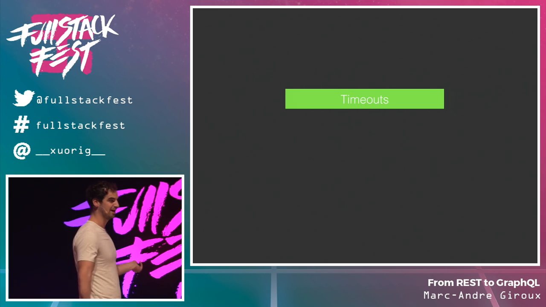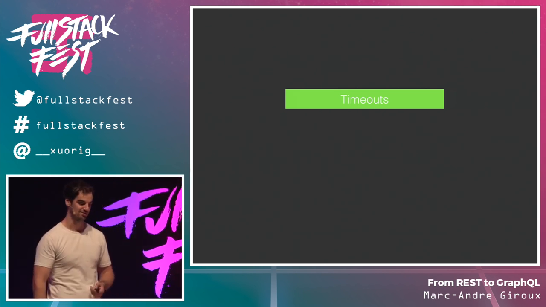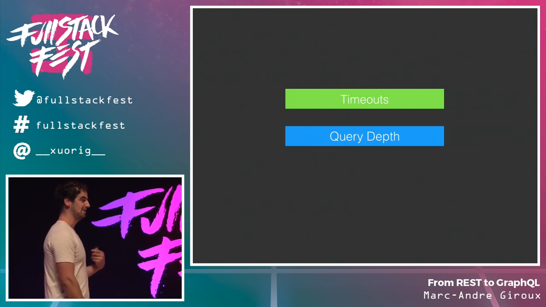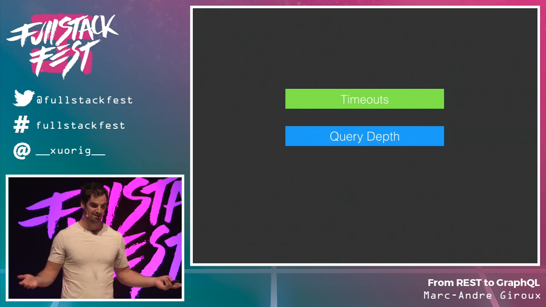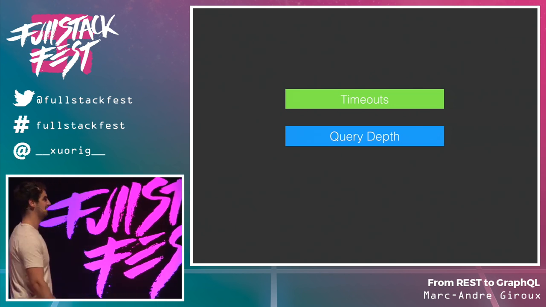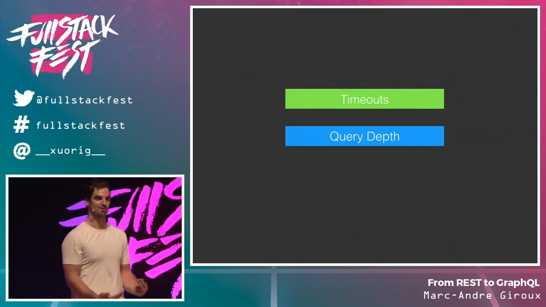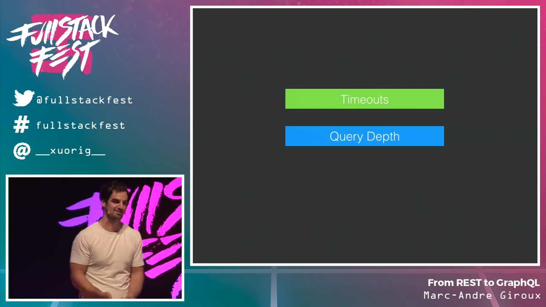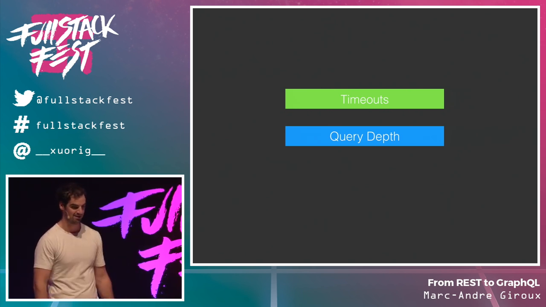We can use simple timeouts. After 1 second, if my query hasn't resolved, just throw it in the garbage. We can limit query depth. So I can say, nothing in my data is going to be deeper than like 10 levels. So if I'm executing a GraphQL query and I'm at level 100, it doesn't make any sense, right? So we set a max query depth of like 10.